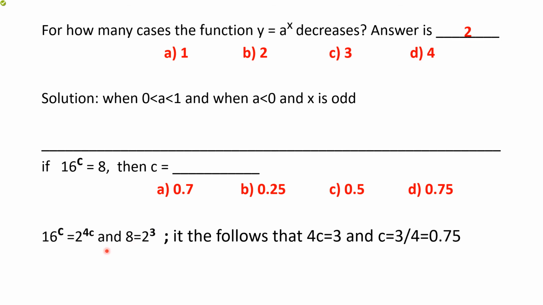Since the base is the same, then the exponents must be equal. That means 4c must be equal to 3. It follows that 4c equal to 3 implies c equal to 3 over 4, which is equal to 0.75. So the answer is going to be over here, 0.75.